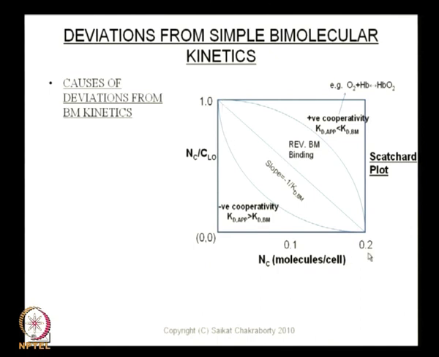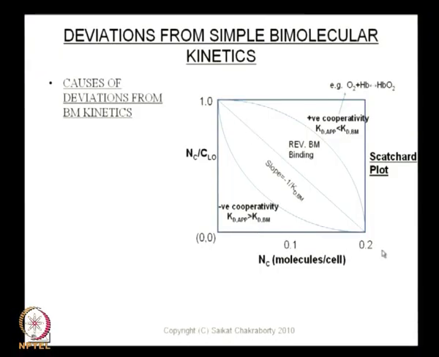Similarly, you can have negative cooperativity, and we will have examples here itself, where the apparent dissociation constant is greater than the bimolecular constant, which means that dissociation is being favored and association is being less favored. So, this is the negative cooperativity.